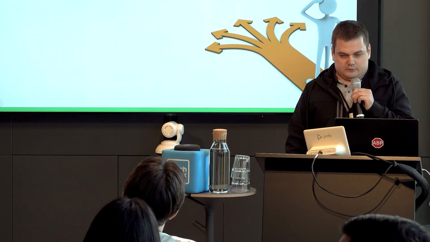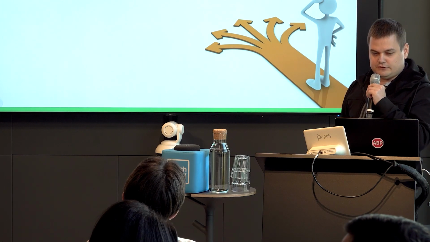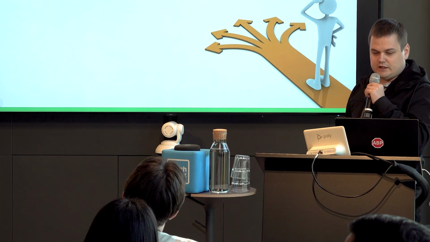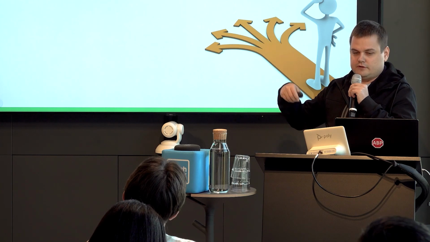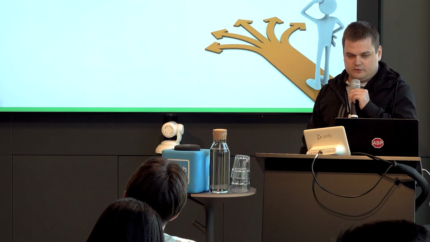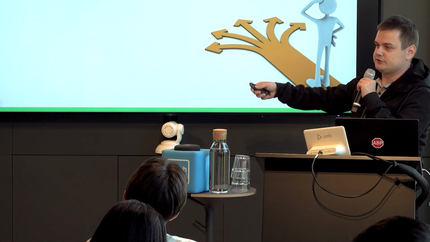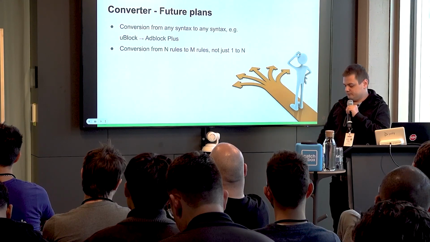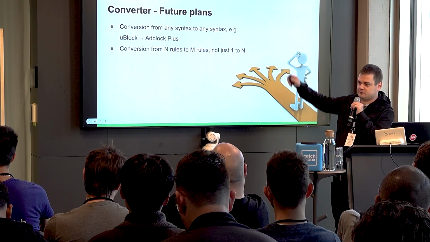Another potential development in the future is to make the conversion even smarter by merging N rules from the original filter list into N rules in the converted filter list. It's a more complex relation in some cases, but currently we only support one-to-N conversion from the original filters. So it's a very future plan, I guess.